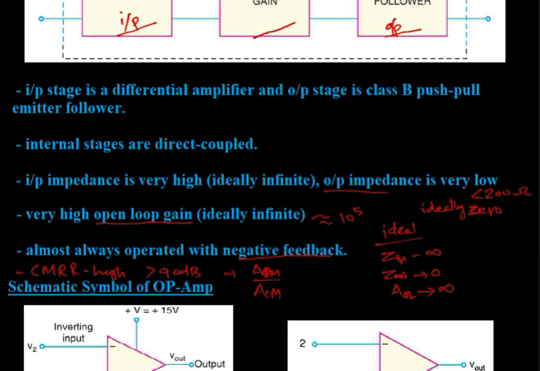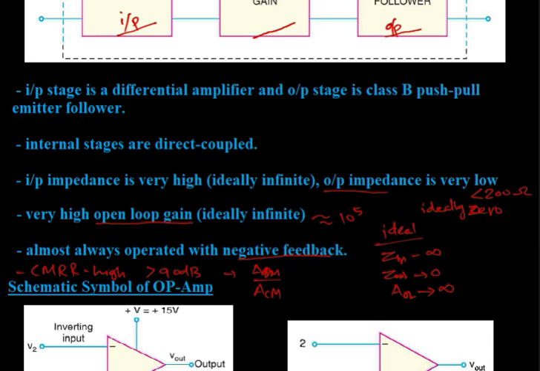Then the corresponding gain of the amplifier is represented by ACM, the gain of the amplifier in common mode. So the ratio of the differential mode gain to the common mode gain is called CMRR, common mode rejection ratio, which is very high in the case of an operational amplifier. So these are some of the characteristics or features of an operational amplifier.